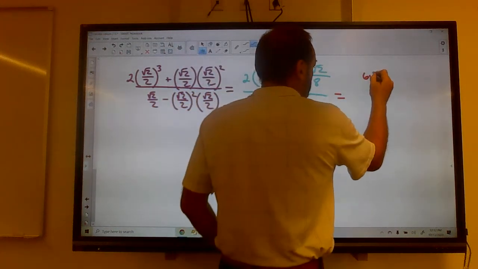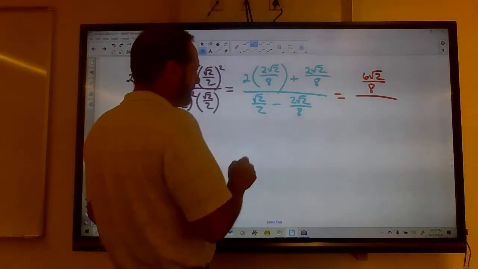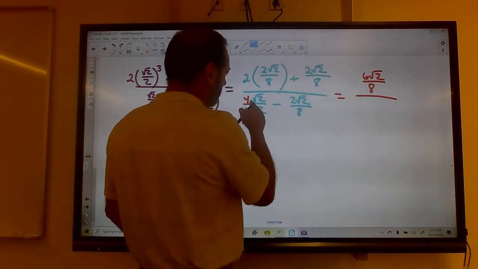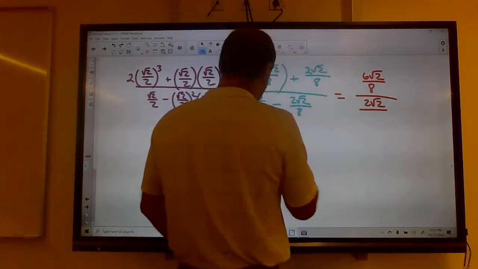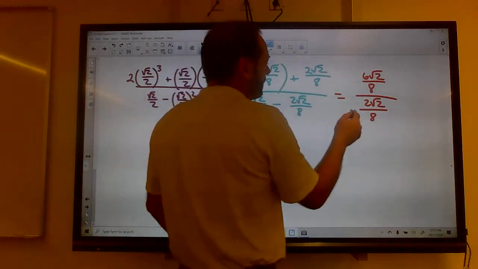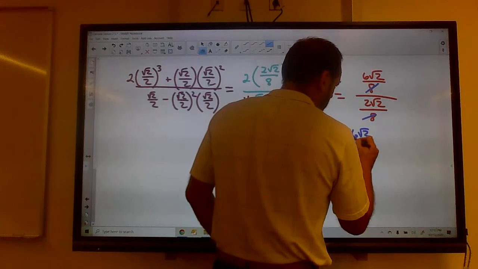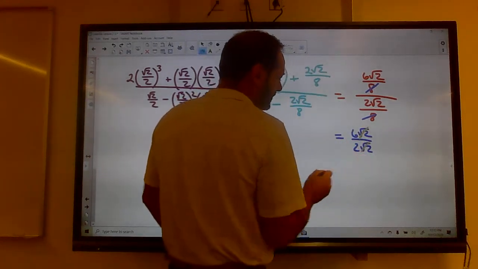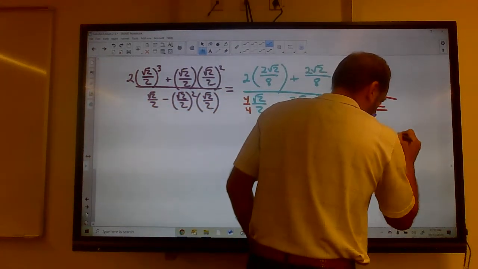That's going to be 6 square root of 2 over 8. And if I get a common denominator here, I'd multiply this by 4 over 4. So this would be 4 square root of 2 minus 2 square root of 2, which would be 2 square root of 2, and that's 8 in the denominator. And then, of course, those cancel, and I get 6 square root of 2 over 2 square root of 2, in which the square root of 2's cancel, and I just get 6 over 2, which is 3.